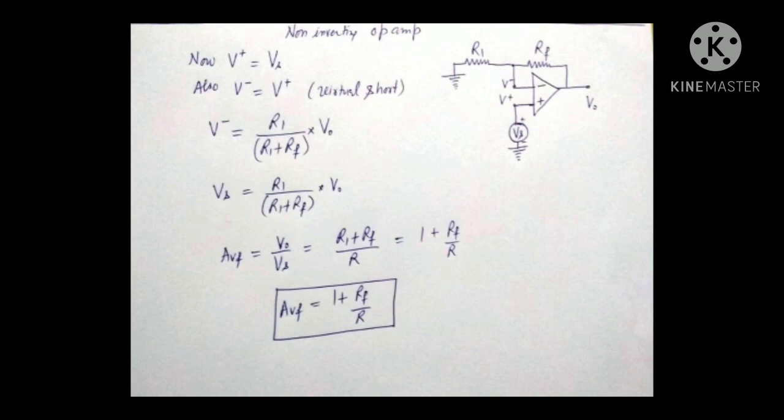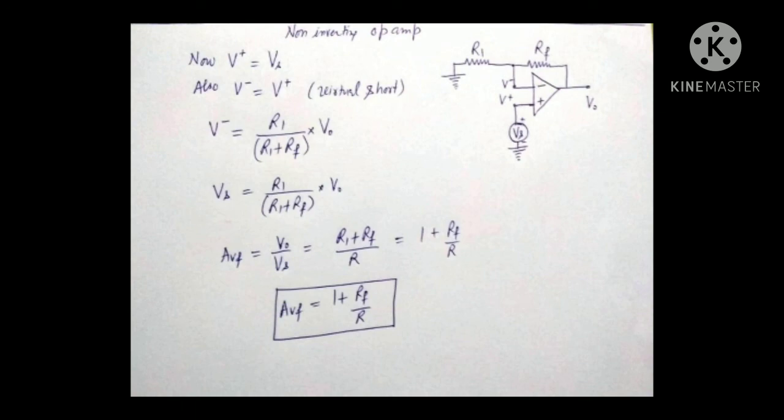In this case also, the negative feedback is provided through the same two resistances R1 and RF, and the signal is provided through non-inverting terminal V positive. Now, as we can see, V plus is equal to Vs, that is signal voltage.